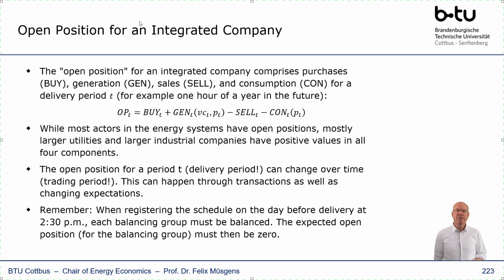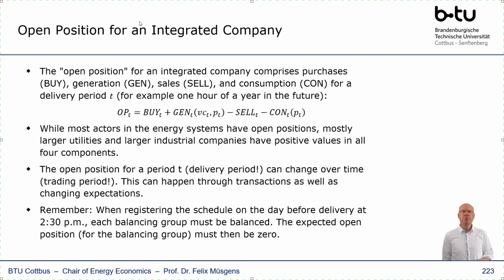So most actors in the energy system have an open position which is simpler than this, but they still have an open position. Mostly larger utilities and large industry companies have positive values in all 4 components of this open position formula. The open position for period T, which is the delivery period, can change over time, the trading period.